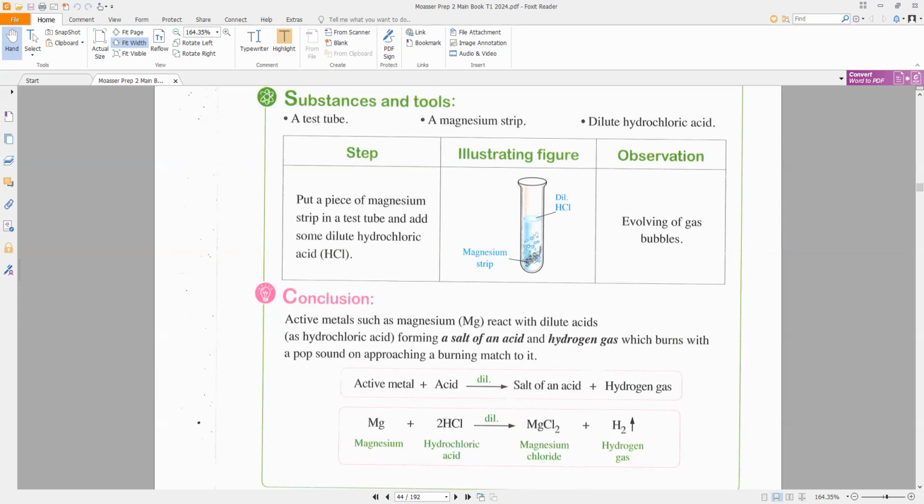Do you hear the small sound? This is the reaction of metal with dilute acid: salt of the acid formed and hydrogen gas evolved.